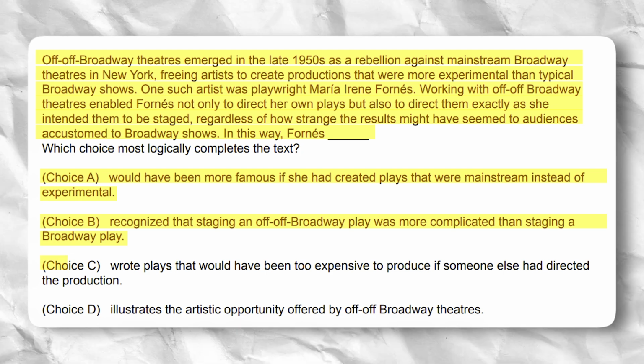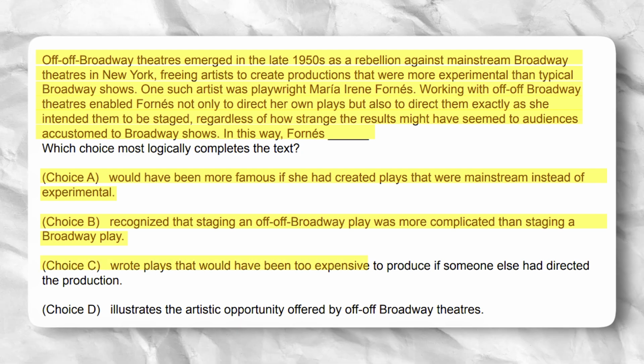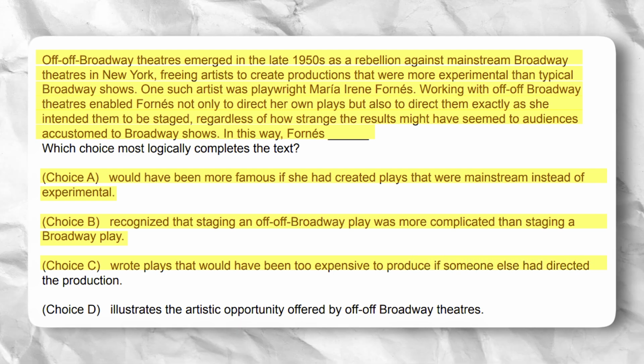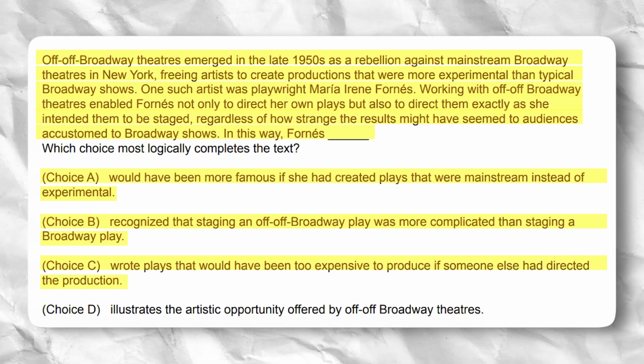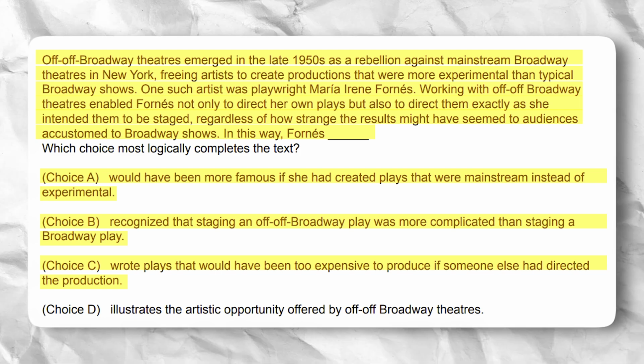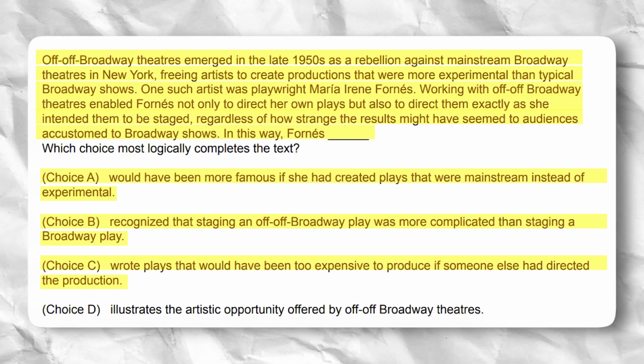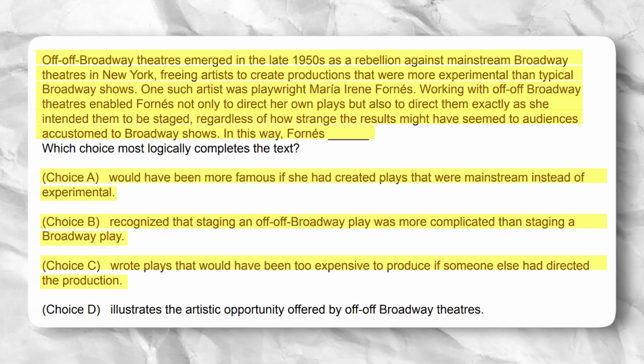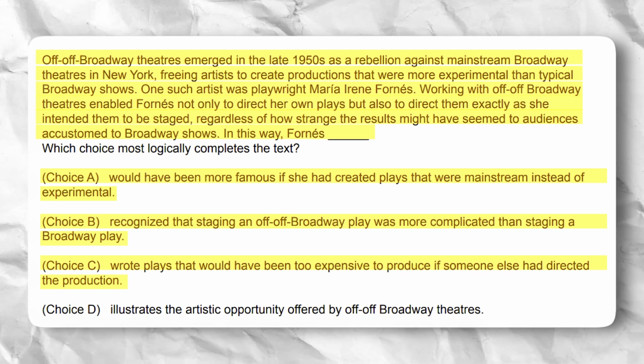Number C, wrote plays that would have been too expensive to produce if someone else had directed the production. So she wrote the plays that would have been too expensive to produce if someone else had directed the production. So is it something which is relating to that? It somehow is not really tangential.